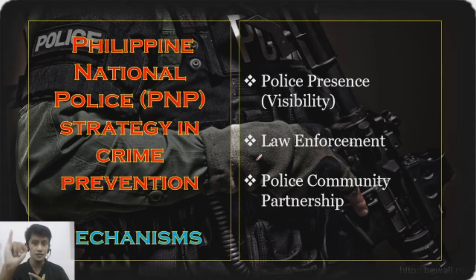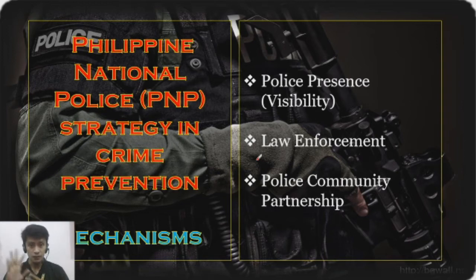Police presence talks about visibility. It is believed that police presence, or visibility, is effective in deterring or preventing the occurrence of crime, and in preventing those persons who are planning to commit crimes.